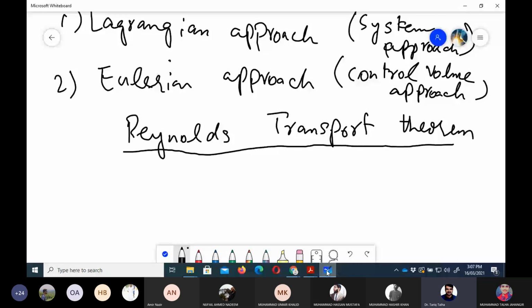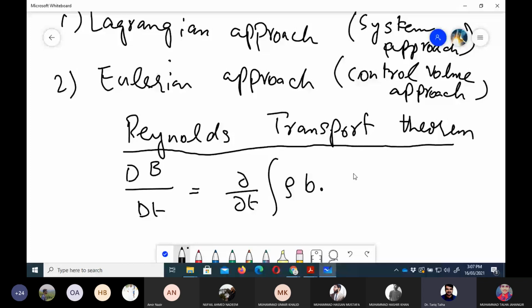If we write the Reynolds transport theorem for an extensive property B, we can write dB/dt equal to partial by partial t of the integral of rho b dV.